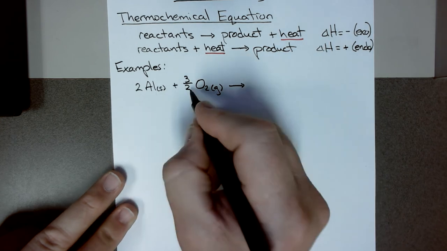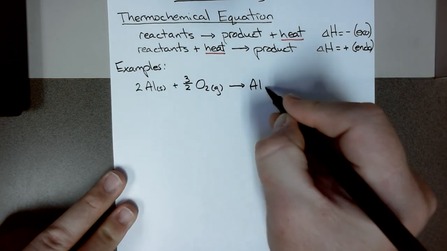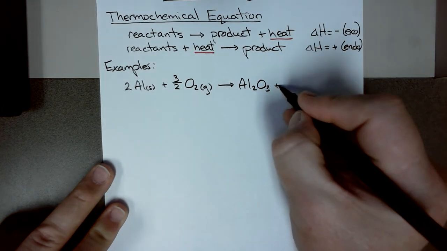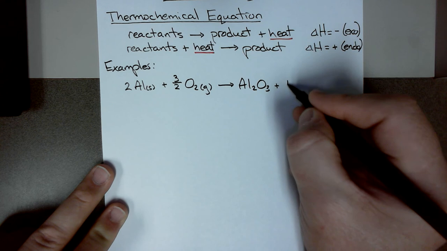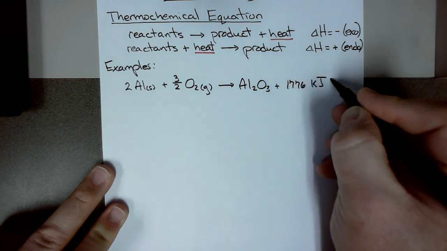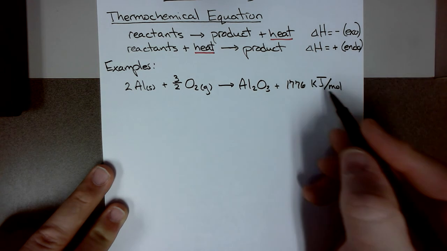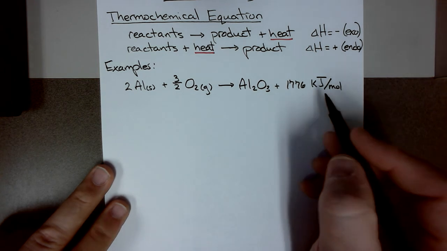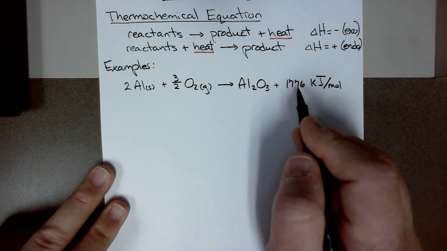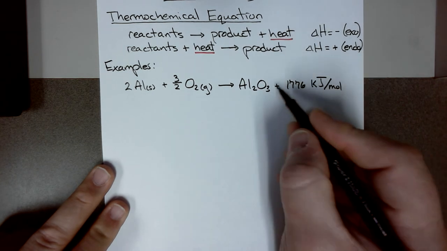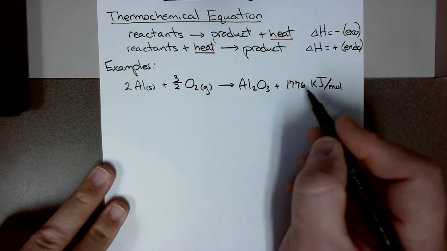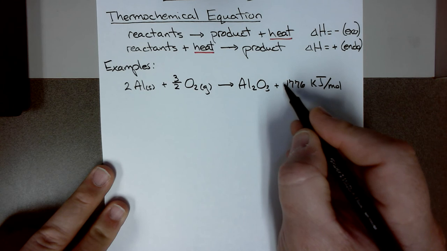So 2 moles, 3/2 moles produces 1 mole of Al2O3 plus 1776 kilojoules per mole. Okay, so that's energy per mole. And if you'll notice, I wrote this on the product side, so this is an exothermic reaction. And if we are including the value as part of the equation, we don't write the negative sign here.